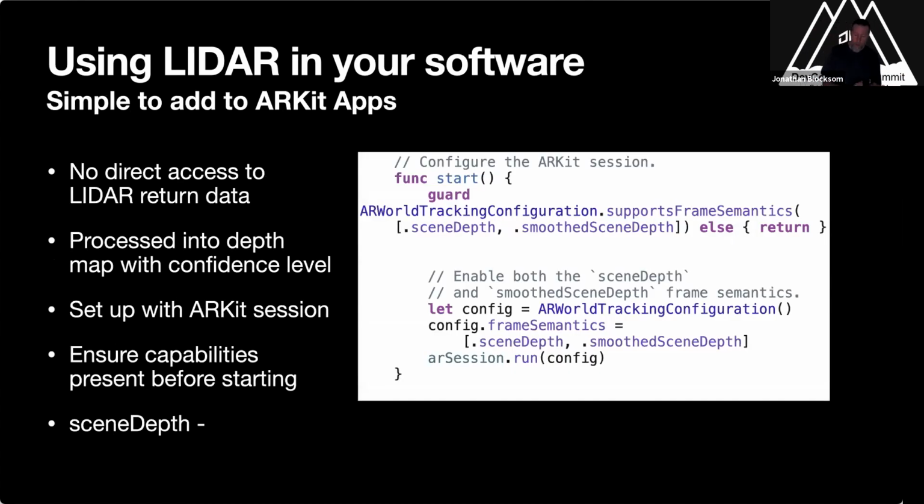Okay. So we don't get direct access to the LiDAR return data, but we do get this depth map that's processed, and we get a confidence value with it. That's pretty cool.